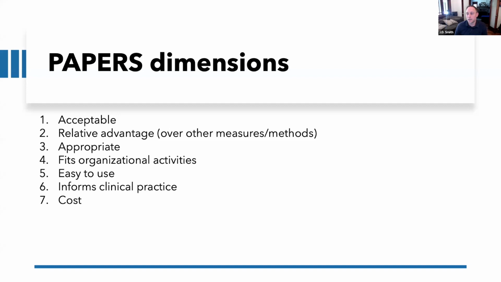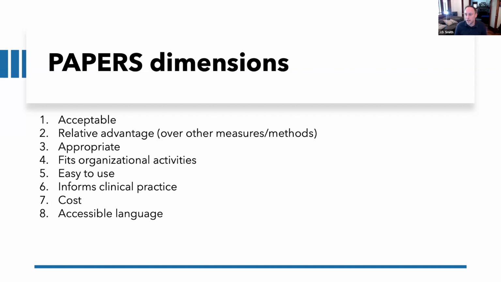What was the cost? As you might know, a lot of measures are free, but a lot of measures are not free. And some of them cost substantial amounts. Others are relatively nominal, but still a cost involved either on a yearly licensing basis or on a batch of certain number of administrations is typically how they will charge for certain measures.